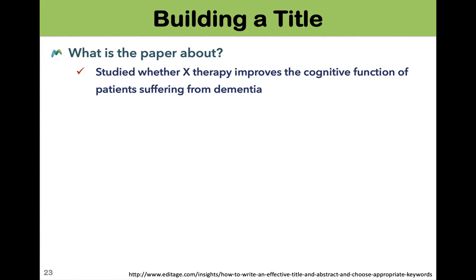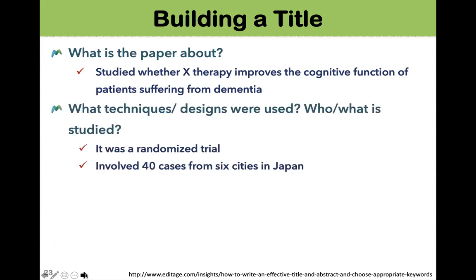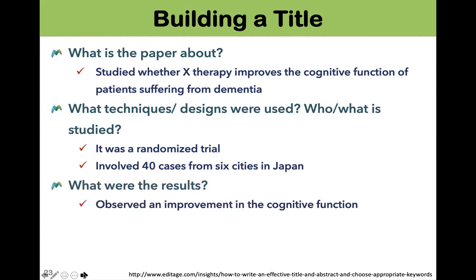The second question is, what techniques and designs were used, and who or what is studied? It was a randomized trial. It involved 40 cases from 6 cities in Japan. Very short answers; we're only going for short answers. The next question is, what were the results? They observed an improvement in cognitive function with this X therapy.